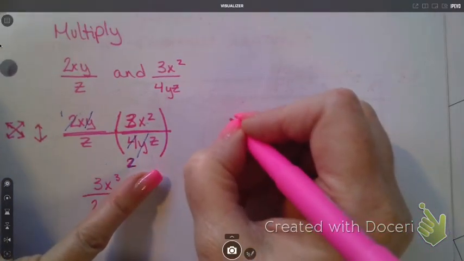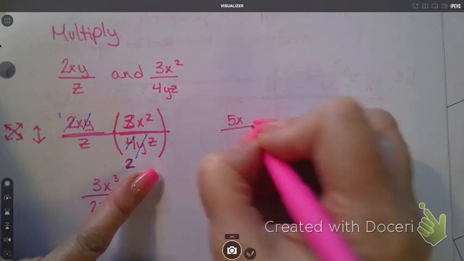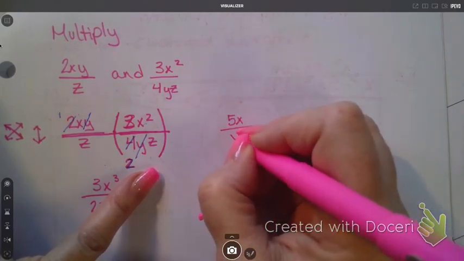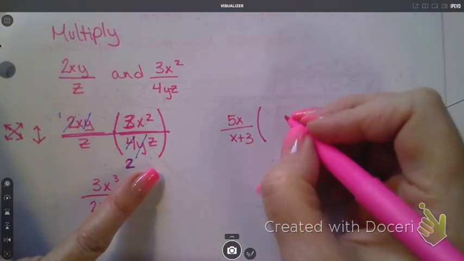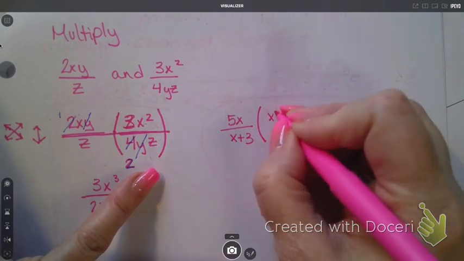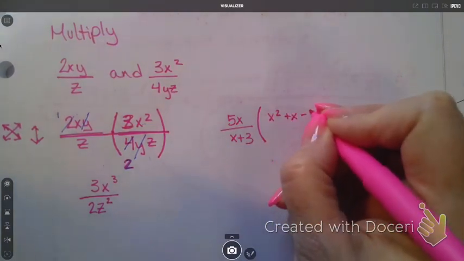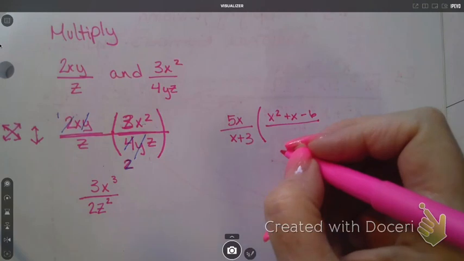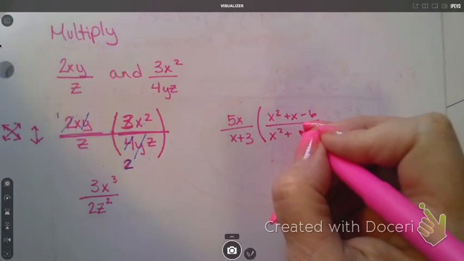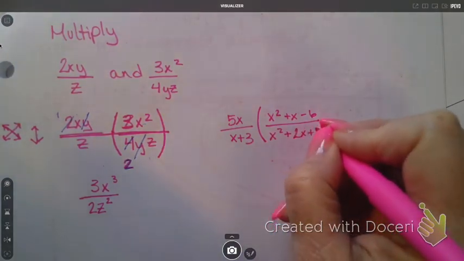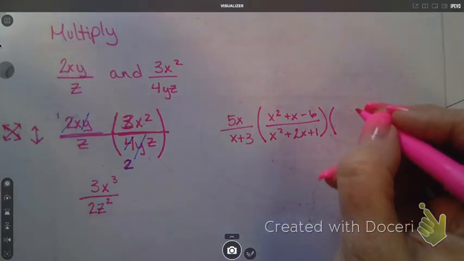Okay, so our next one is 5x over x plus 3 times, parenthesis, x squared plus x minus 6 over x squared plus 2x plus 1 times, oh my gosh, can we keep going all day?